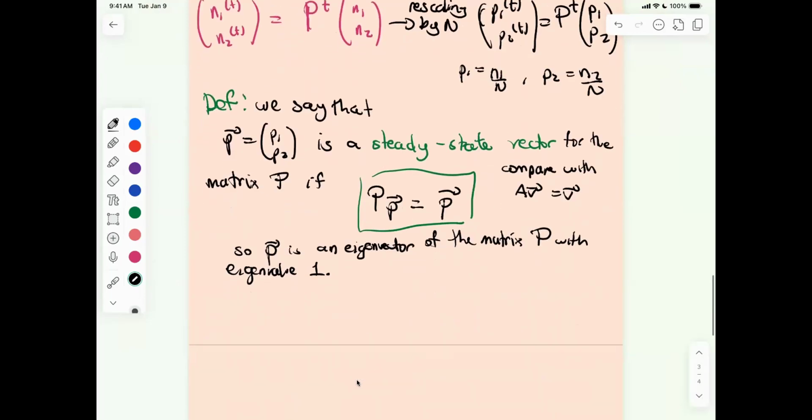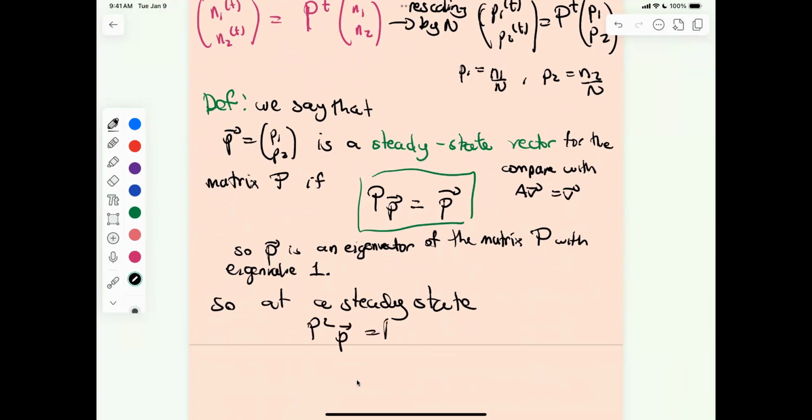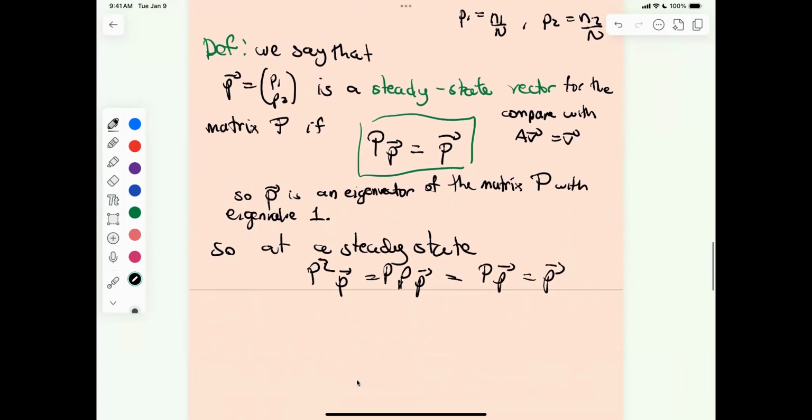So at a steady state, P squared times P is P times P, which would be P, and higher powers do nothing either.